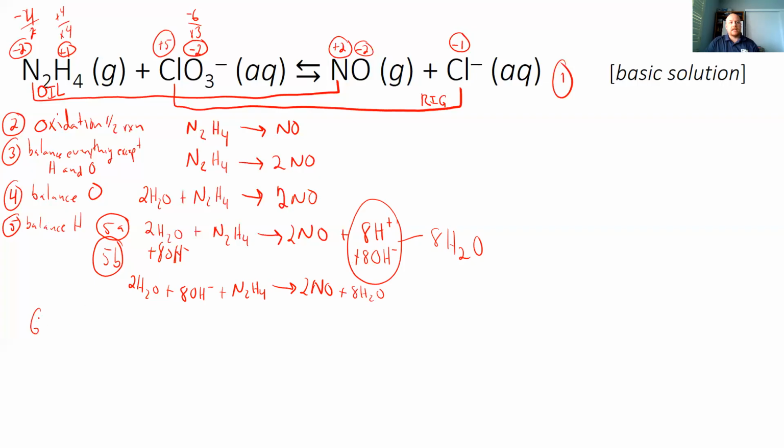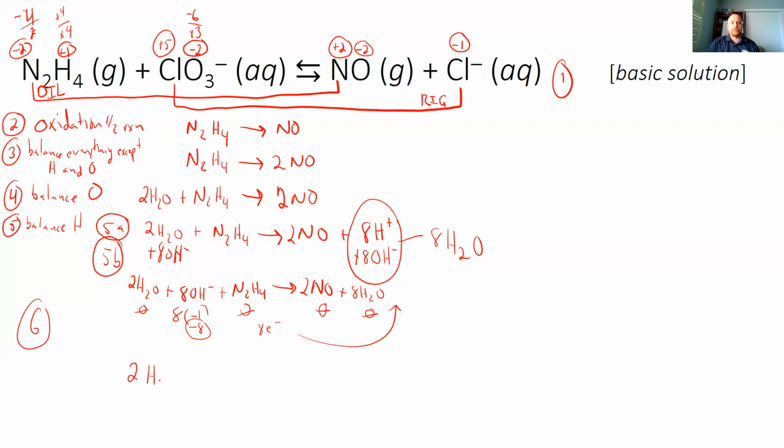Step 6, this is where we balance charges. No charge for the water. I've got 8 times -1 gives me a -8 for the hydroxides and no charge there. On the other side, I've got no charge for the nitrogen monoxide and no charge for the water, which means I need 8 electrons and they go on the more positive side. So now I'm going to rewrite this with my electrons in here.